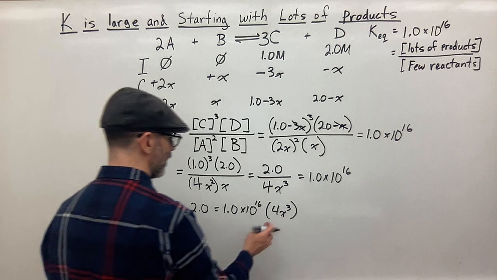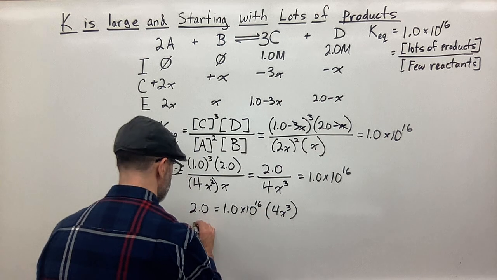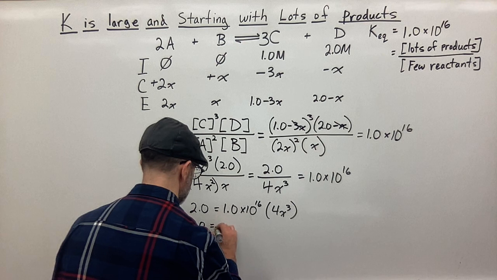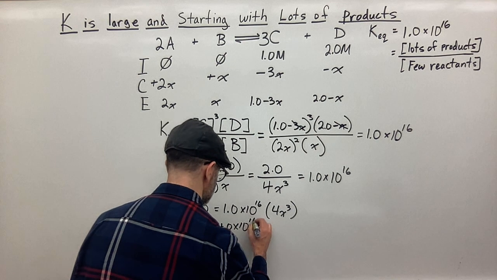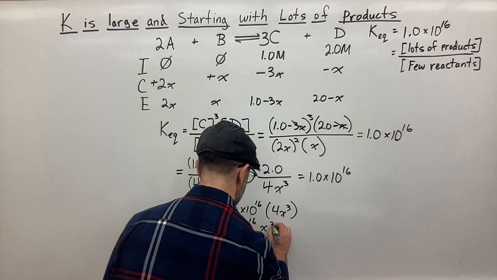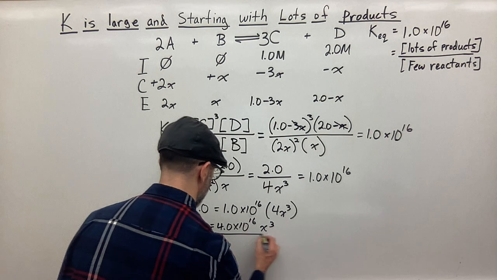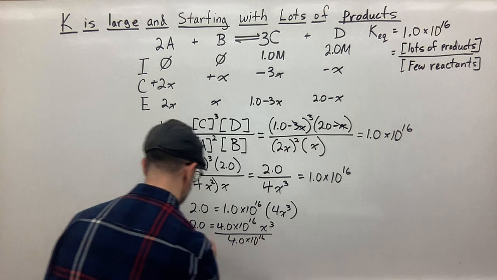And then I can multiply the 4 by this. So then 2.0 is equal to 4.0 times 10 to the 16 times x cubed. And then I can just divide by 4.0 times 10 to the 16.